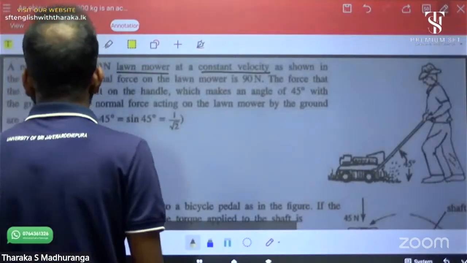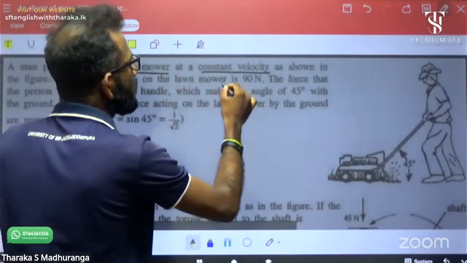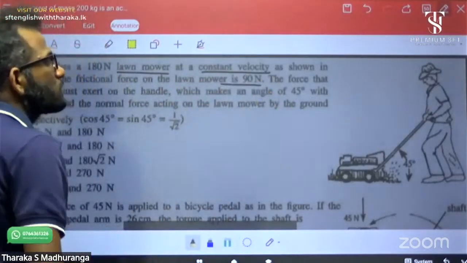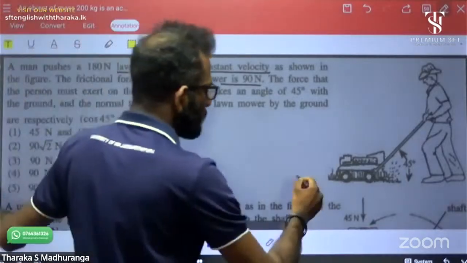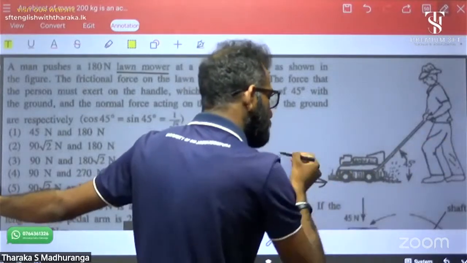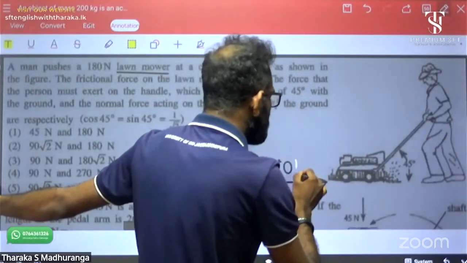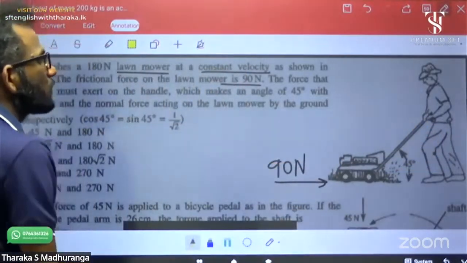As shown in the figure, the friction force on the lawn mower is 90 Newton. The person pushes in this direction, and the resistance force, the friction force, acts in the opposite direction and is 90 Newton.